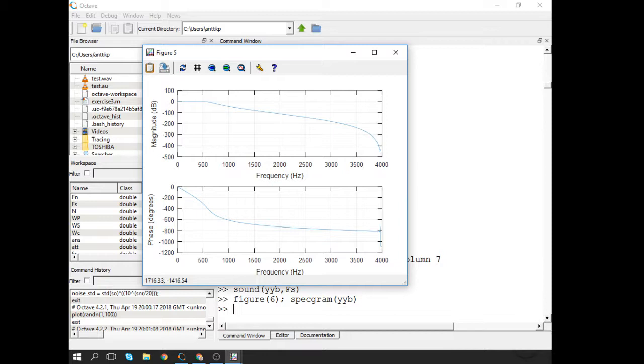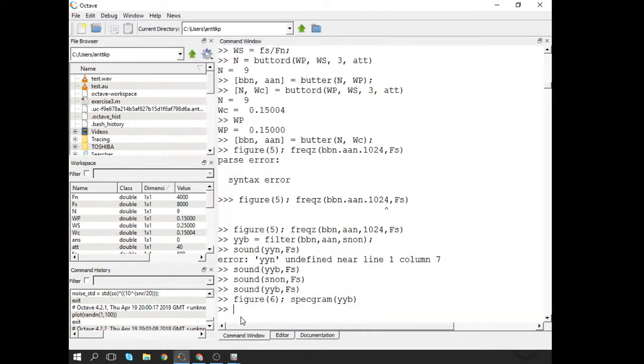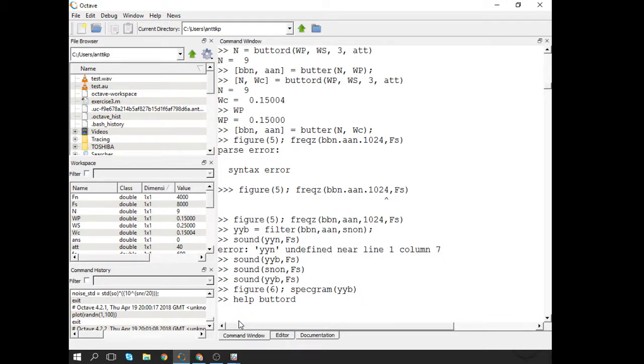Okay, so that was the low-pass filter. How to make the high-pass filter? Well, read the manual or the help data sheet. So let's see, help. I think the butt audio already had help on how to make the high-pass design.